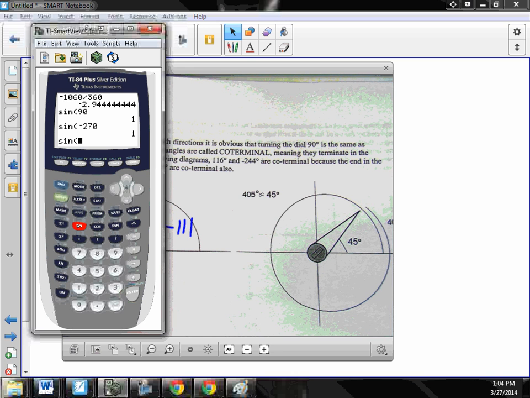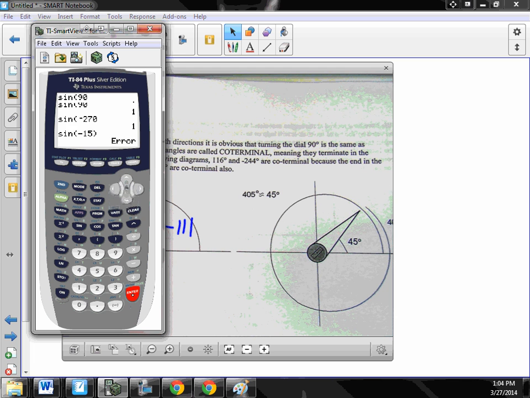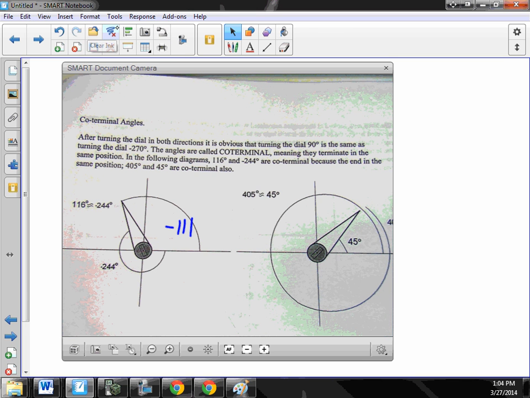What about the sine of negative 15? Oh, I used the wrong button. Wait a minute. How does that work? All right, we'll talk about that later.